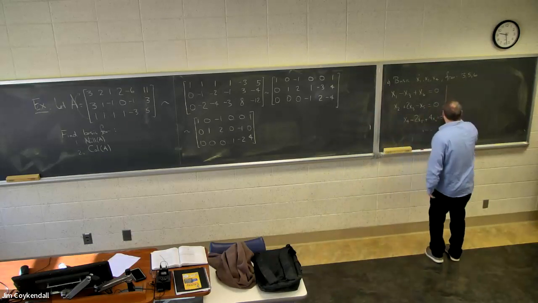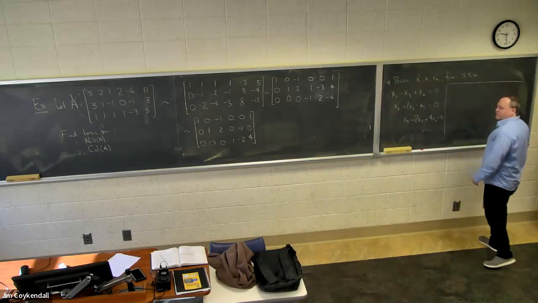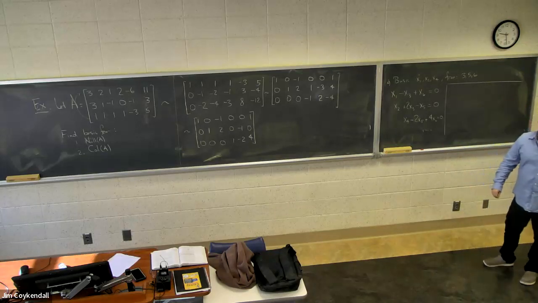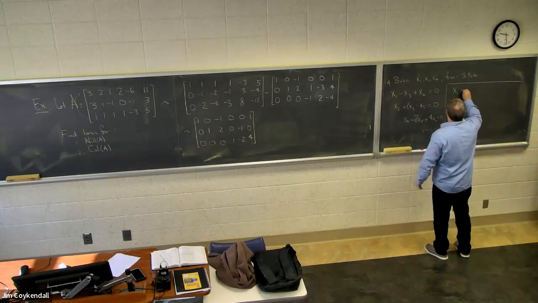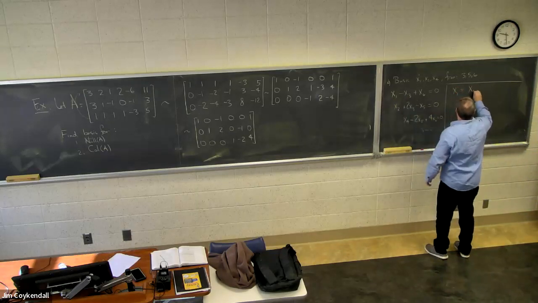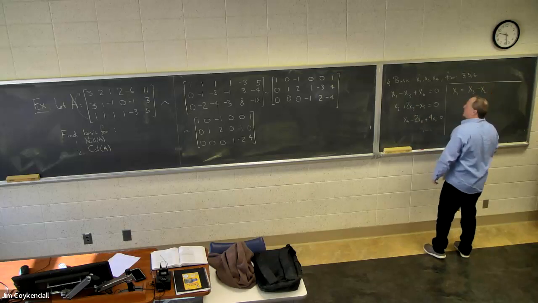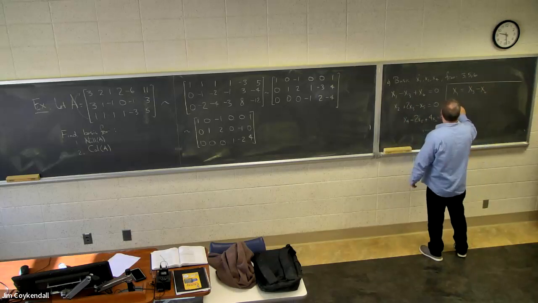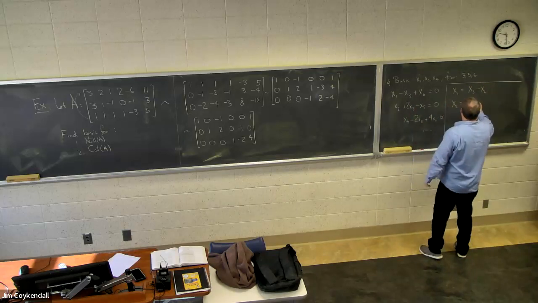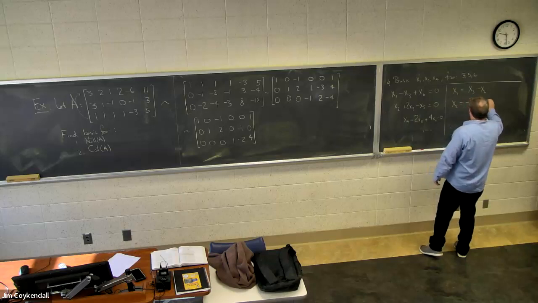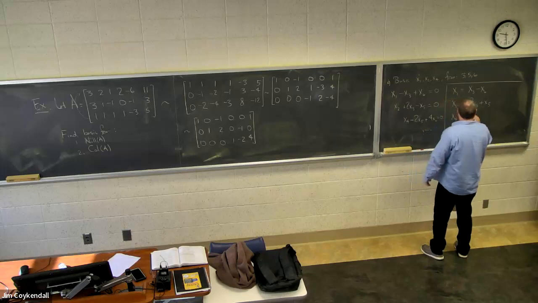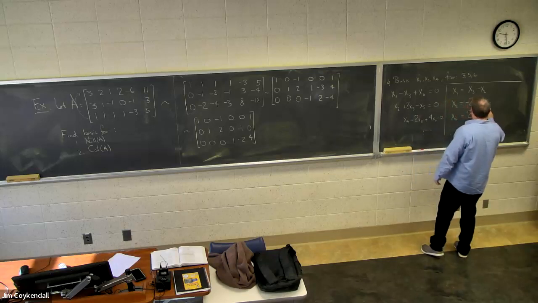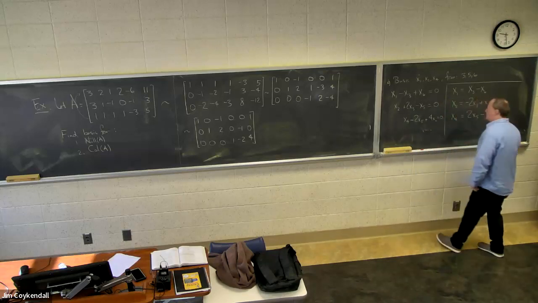Now, at this point, here's a good gut check that you're making good progress and things are going as they should. Write your basic variables down in terms of the other ones. x1 is x3 minus x6. x2 is minus 2x3 plus x5. And x4 is 2x5 minus 4x6. Right?